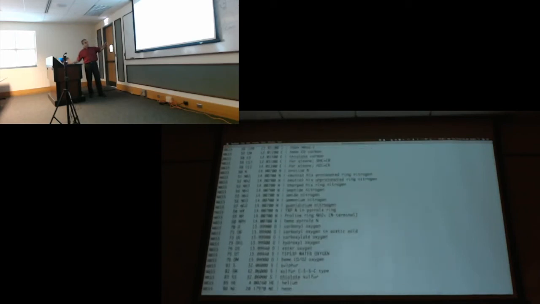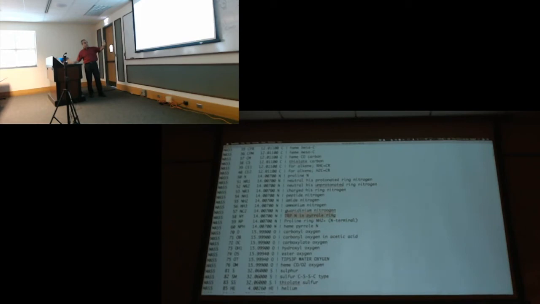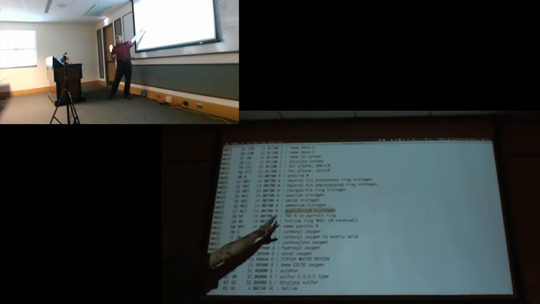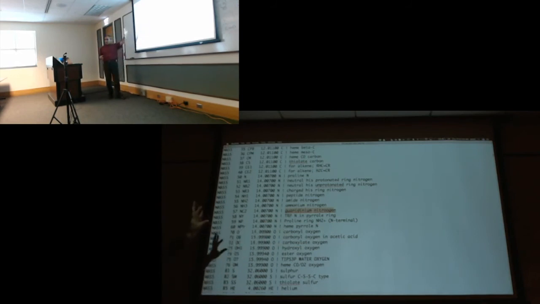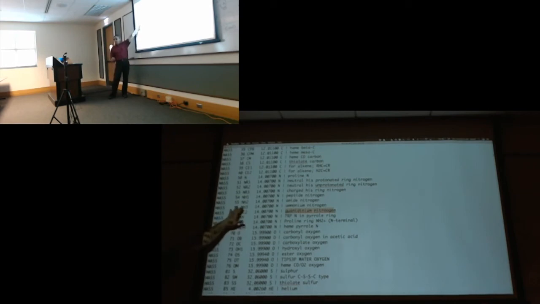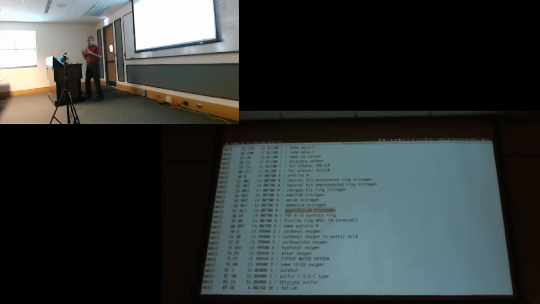When we look at the masses, it says NP is a proline ring, NH2 plus, N-terminal, tryptophan, and in this ring, guanidinium nitrogen. So you have some options here in terms of what kind of molecular environment we are talking about, what kind of nitrogens these are. Is one of these similar to my own molecular system? Then you can simply adapt this atom type. If it's very special, then you have to give it its own new atom type and get the charges from your quantum mechanical calculations, however you want. Just put it there. So that's how.